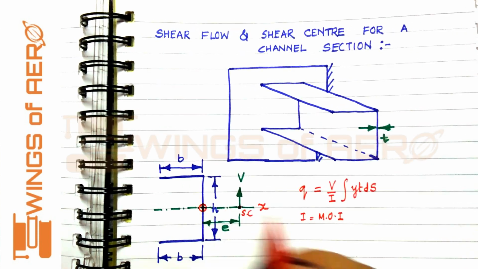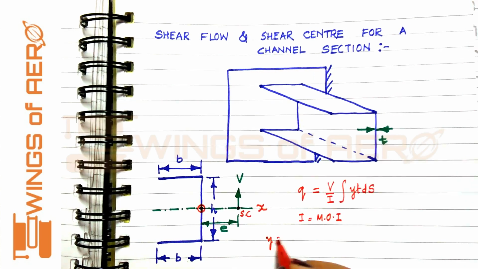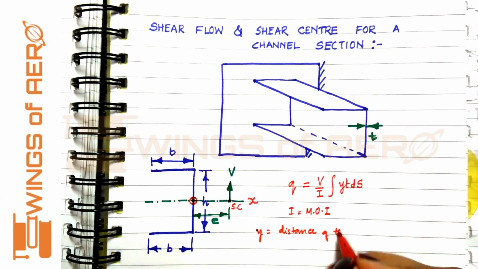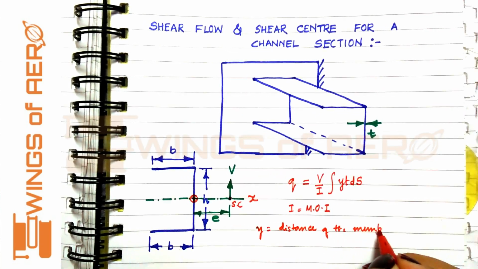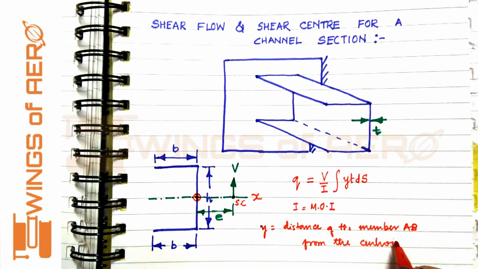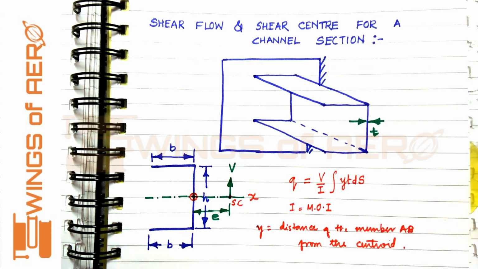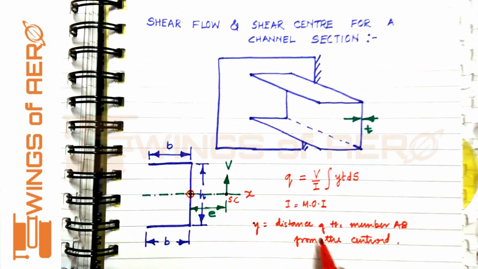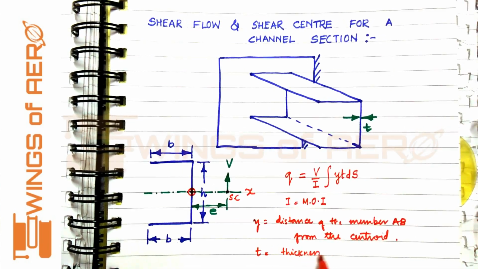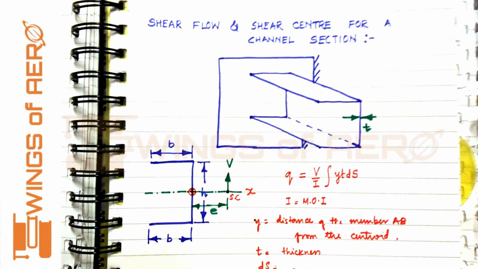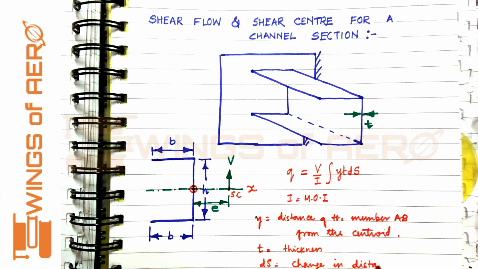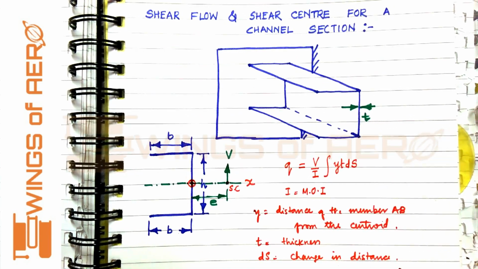So y is the distance of the member from the centroid, t is the thickness, and ds is the change in distance. d is a change.